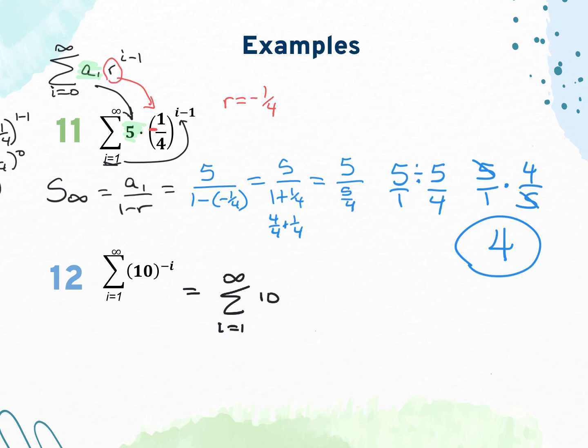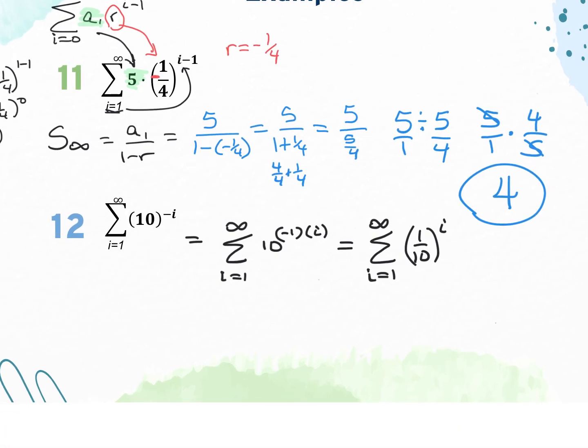And I'm going to break this apart and make it negative 1 times I. And then remember any number raised to a negative exponent is going to become a fraction. So this is really going to become 1/10 to the I power. So now we can figure out what we've got going on here. The base of the I is going to be my R value. So my R is equal to 1/10.